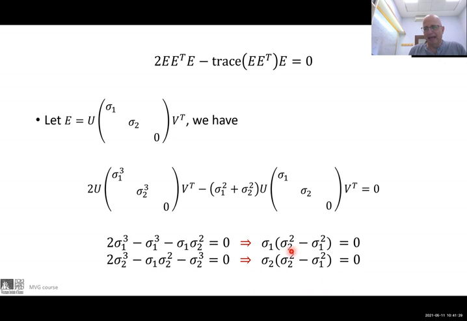And these imply that sigma is either 0, that's the third one anyway, or sigma 2 equals sigma 1. Potentially also sigma 2 equals minus sigma 1 is a solution here, but we know that the singular values are always positive, so we can exclude that solution. So this complicated equation actually captures the constraint that we want.